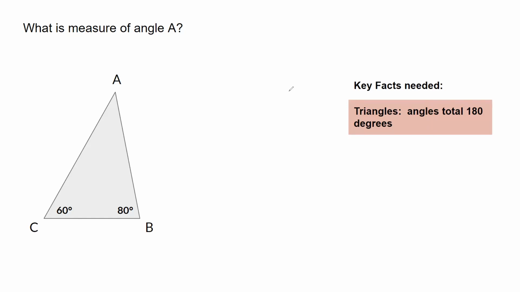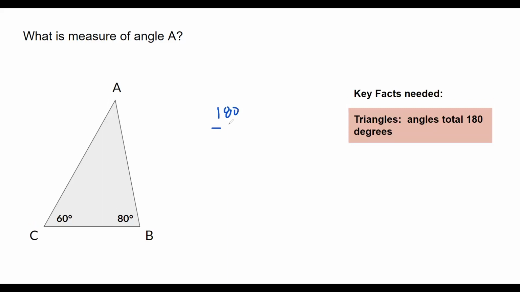That means we can start out with 180 and subtract the two angles that we know. Subtract 60, we subtract 80, that leaves us with 40 degrees. This angle must be 40 degrees. And we could check that by adding these all up and making sure that we get 180, which we do.